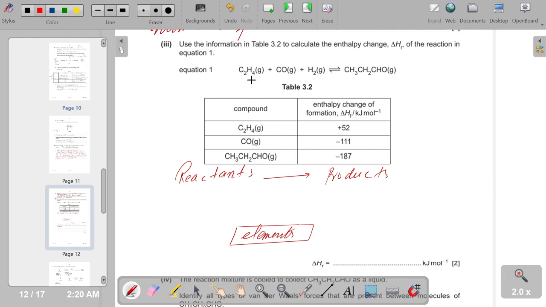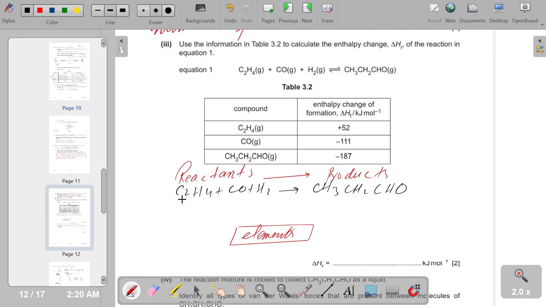So what are your reactants? You can say C2H4 plus CO plus H2, and we are getting CH3CH2CHO.